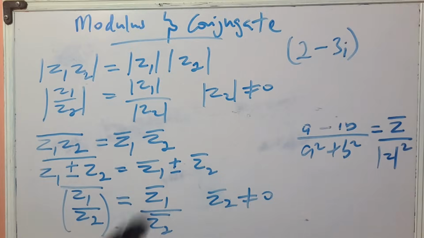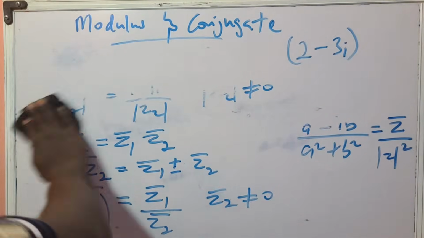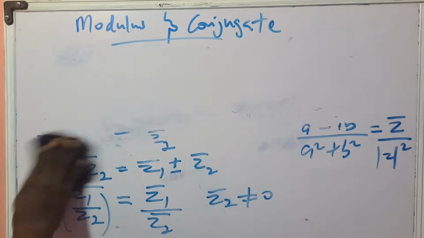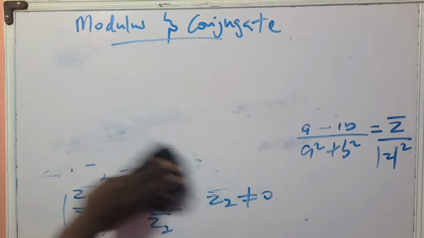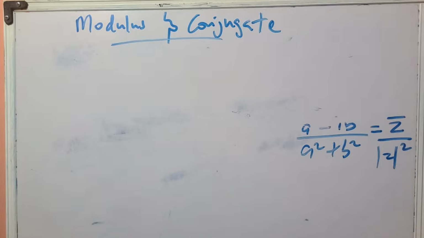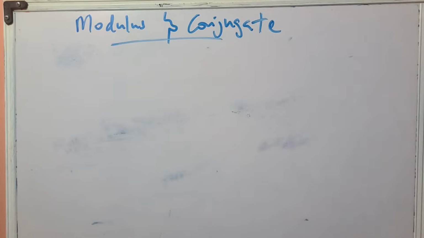I would love to get more responses. Please ensure you're taking good notes. Very, very important. 2 minus 3i was the question given. Okay, we're getting different answers. That's quite interesting.